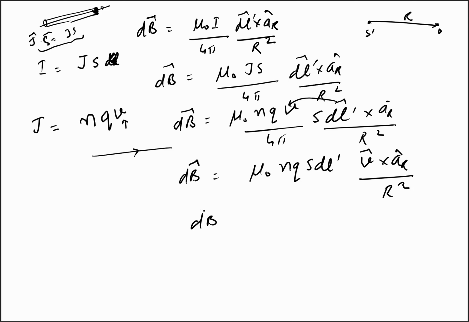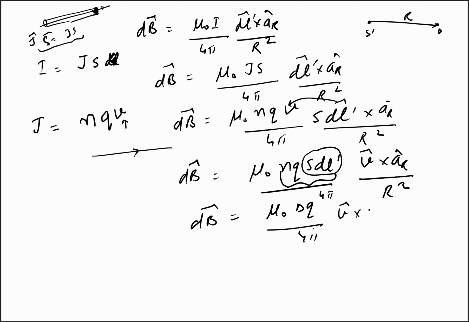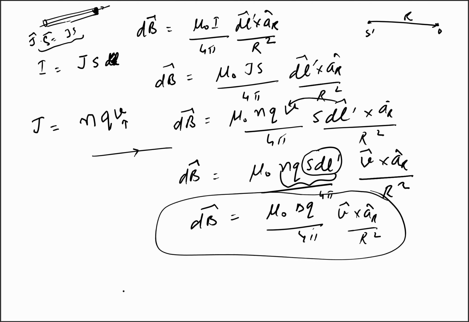Or dB is equal to, now this n q s dl dash is the total charge in this volume, so mu naught times the total charge over 4 pi, v cross ar over r square. So you see that this is another form of the magnetic field.